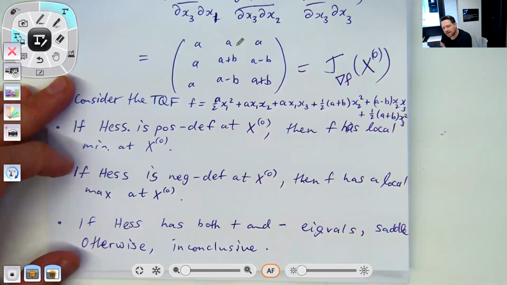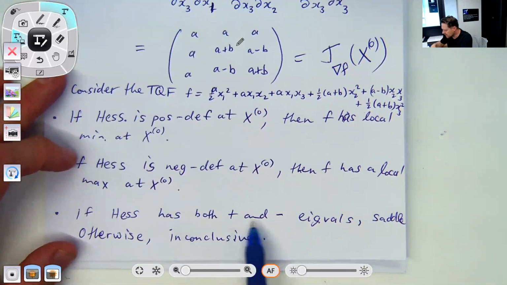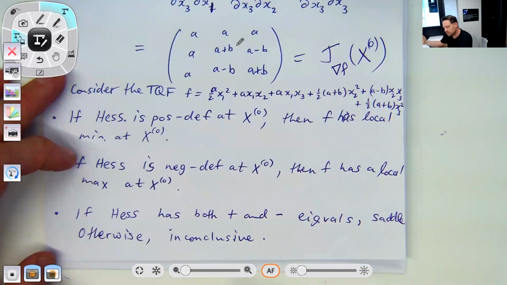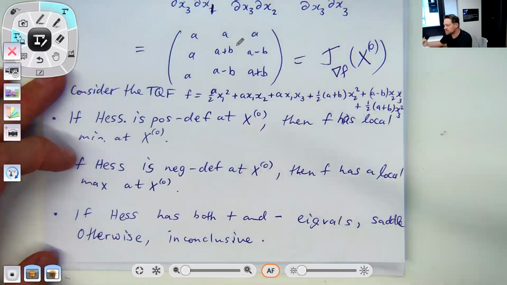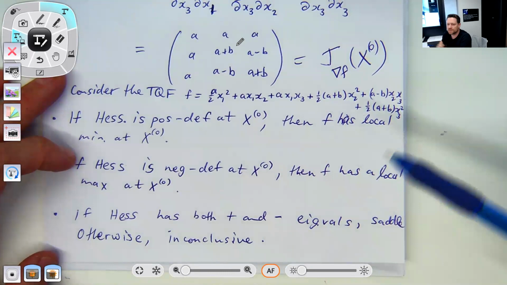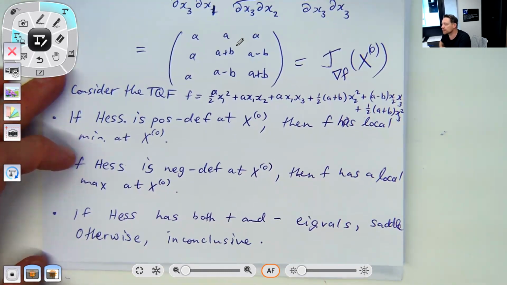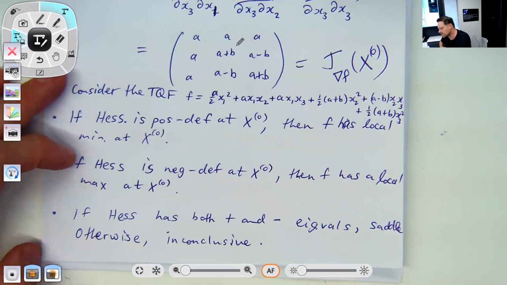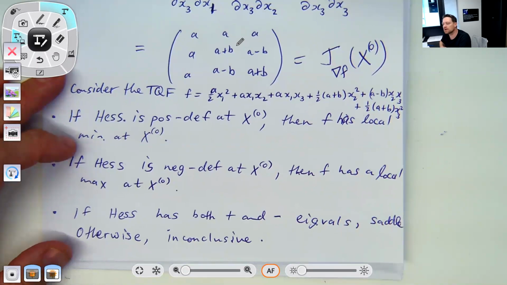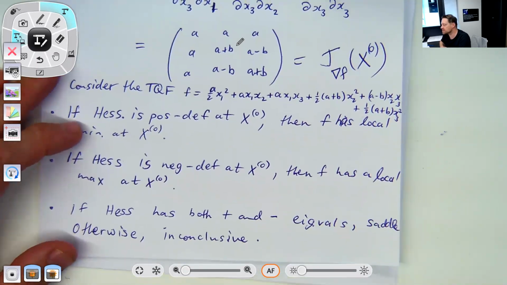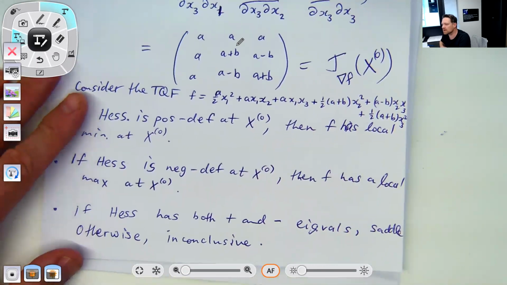All right, if the Hessian has both positive and negative eigenvalues, then you could consider the analog of the surface as a saddle. Okay, so if you're thinking about a function of two variables, that would correspond to a 2 by 2 matrix, but if that matrix had a positive and a negative eigenvalue, then you'd be looking at a saddle, all right? So we call this form indefinite.